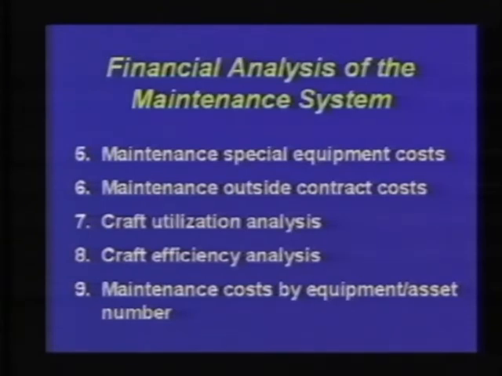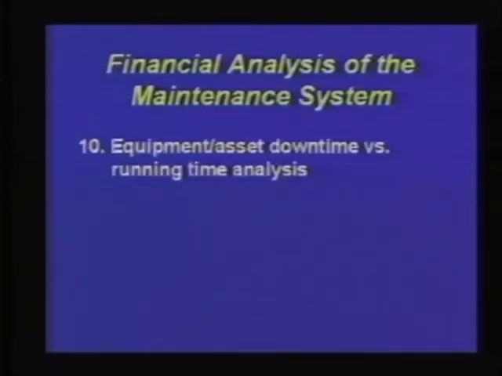Now, continuing on, on page number 2, we can also report the equipment downtime versus the running time. Now, the running time versus the downtime should be reported when there are requirements for operations to use the machine.